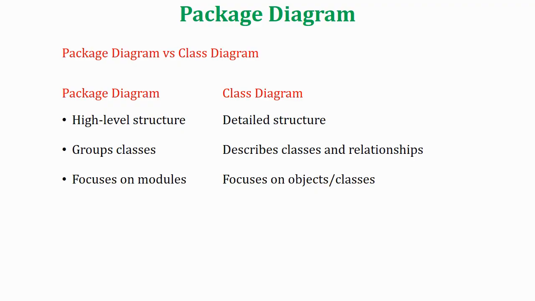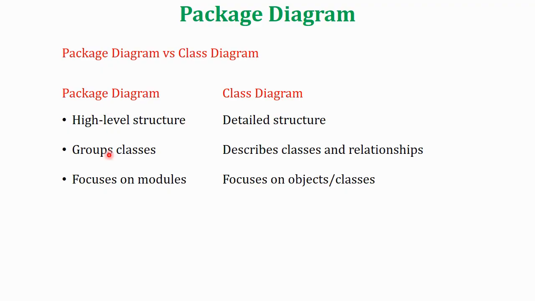And next one is the package diagram compared with the class diagram. The package diagram shows the high-level structure, the class diagram shows the detailed structure. The package diagram groups the classes. The class diagram describes the classes and the relationships.